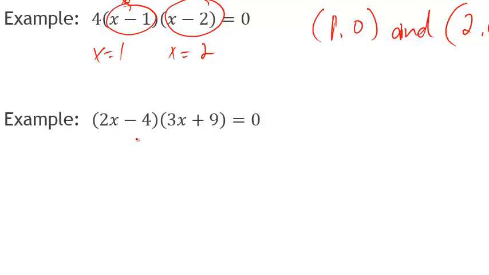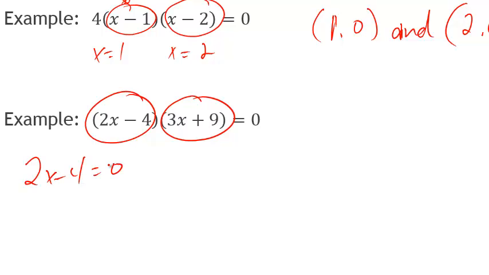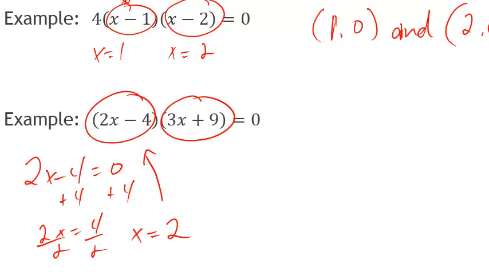Now for our third example, let's go ahead and decide what makes this 0 and what makes this 0 to find our roots. So 2x minus 4. Simple way to do that, we're going to have 2x minus 4 equal to 0. Let's solve for x. So add 4 to both sides. So 2x equals 4, divide by 2. So x equals 2 to make this equal to 0. Let's go ahead and solve for our second one.